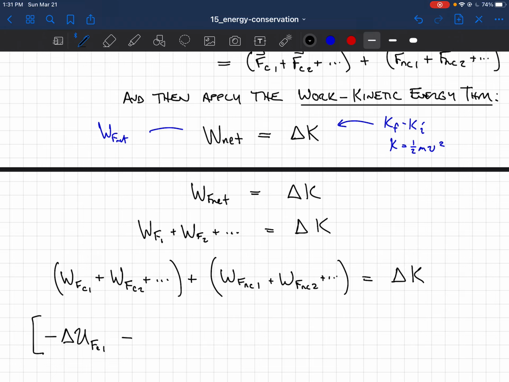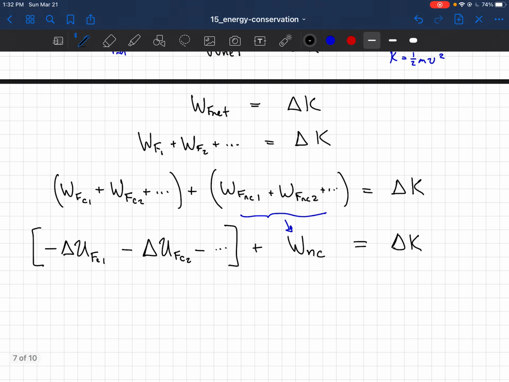So we get minus the change in potential energy of the first conservative force, minus the change in potential energy of the second, minus, etc. And then we're going to group all of the works due to non-conservative forces into something called the non-conservative work. And then we still have delta K here.